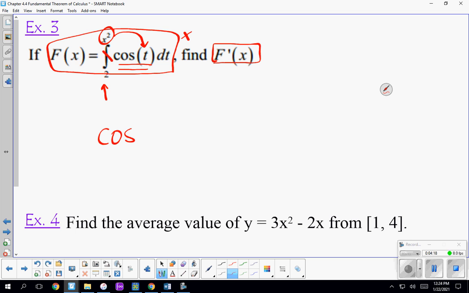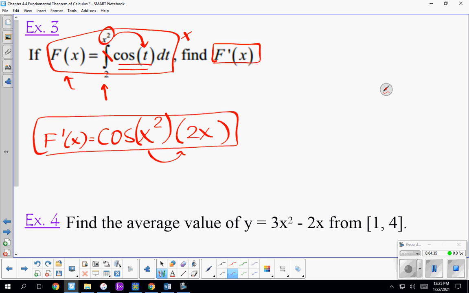So cosine, instead of t, it's going to be of x squared. And then whatever we plugged in is kind of like a baby, so we need to multiply by its derivative. The derivative of this is obviously f prime. And that is the second fundamental theorem of calculus.